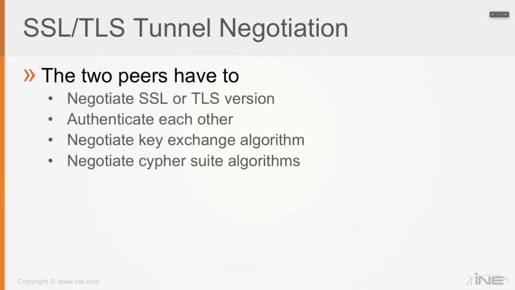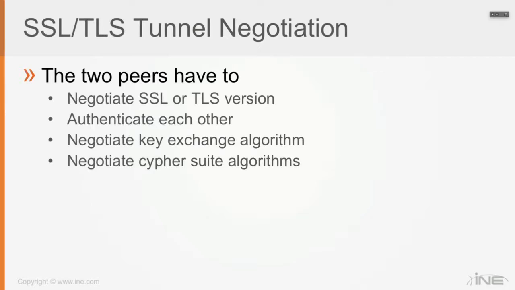Now, the tunnel negotiation. We're going to speak about the control plane part. In the tunnel negotiation process, the two peers first of all have to negotiate the SSL or TLS version, because based on that, different capabilities are supported. They have to authenticate each other.